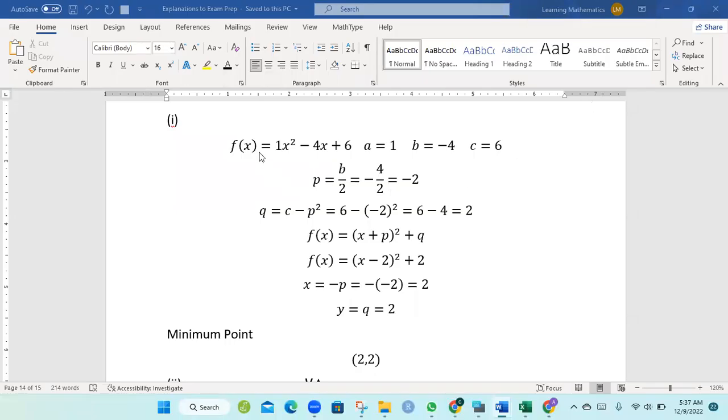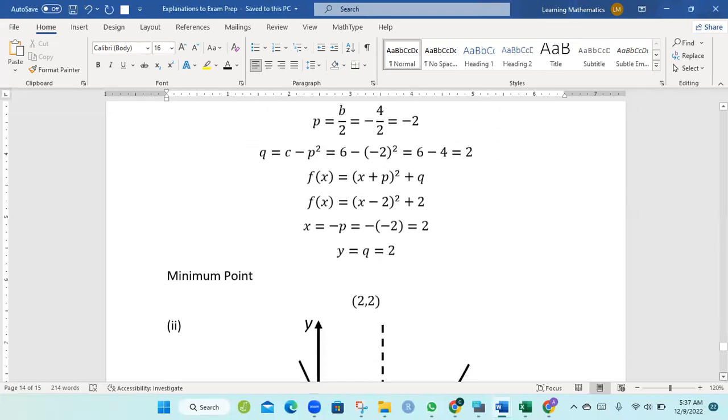So first we complete the square by finding the value of p, which is b over 2 when a is equal to 1, and the value of q, which is c minus p squared when a is equal to 1. And then we find the minimum point. x is always the negative of what you found for p. We found negative 2, so negative of negative 2 is actually 2. And the y coordinate of the minimum point is exactly the value of q, which is 2. So the minimum point is (2, 2). And the y-intercept will be 6.